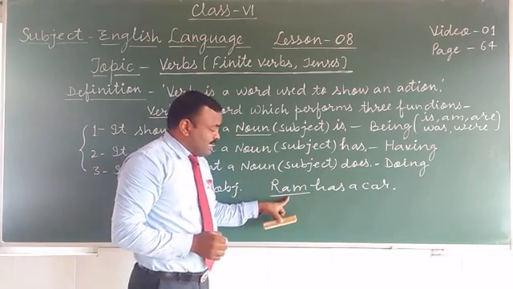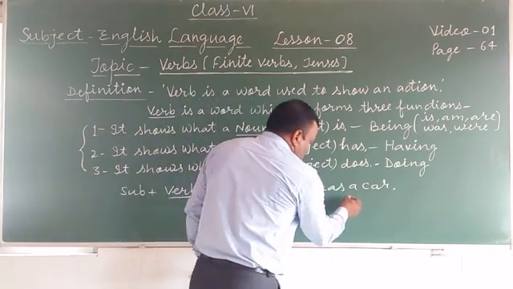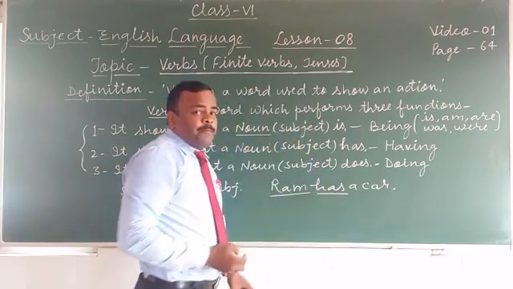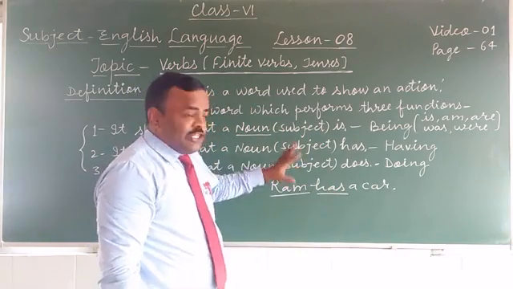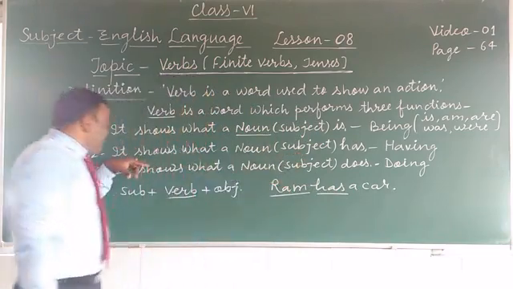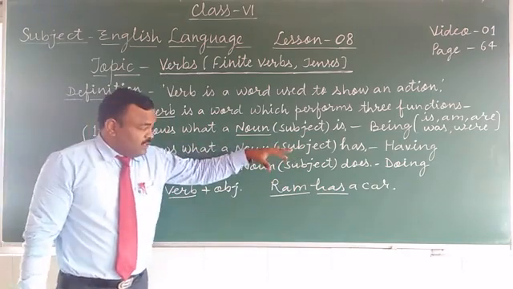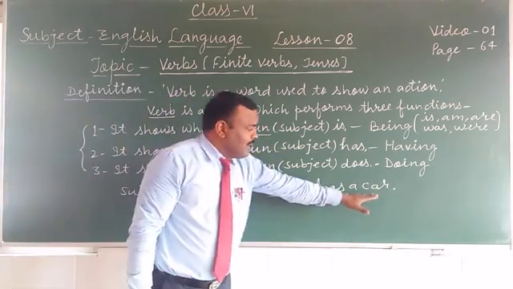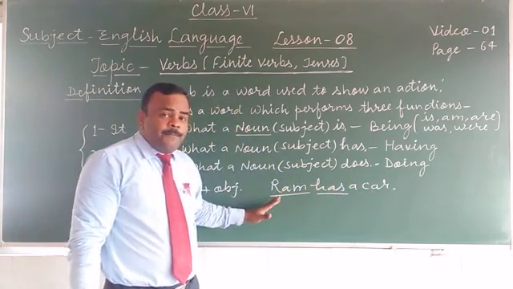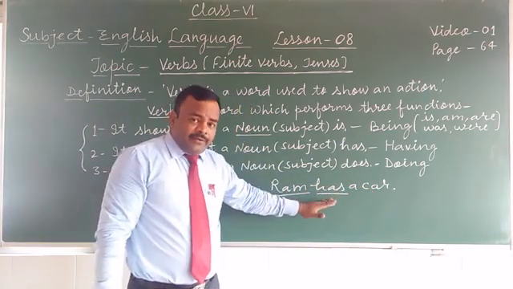Ram. So Ram is the subject and has shows possession. So this second point tells what a noun has. Ram has a car. So what does Ram have? A car.